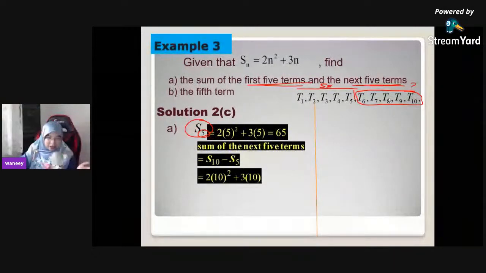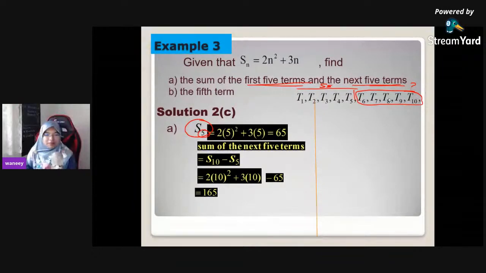That is S10 minus S5, so it will give you 165. Okay, so that is the sum of the next 5 terms.